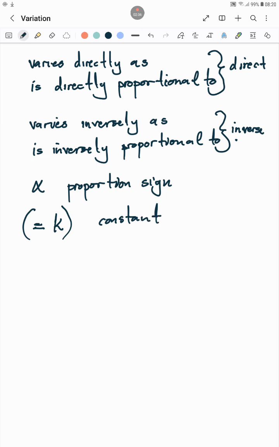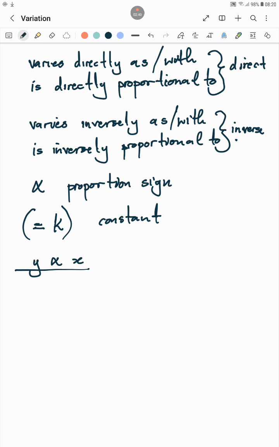So here we're just going to look at a couple of examples. I just want to show you the difference between direct and inverse variation. If you have a question that says y varies directly with, that is also another instance. If it's not as, it's with. y varies directly with x, which means they are on the same line.